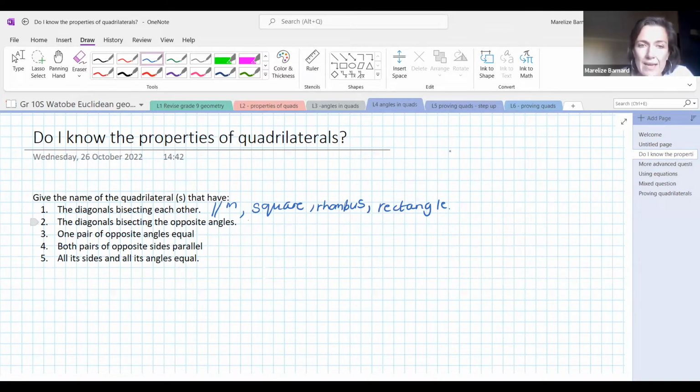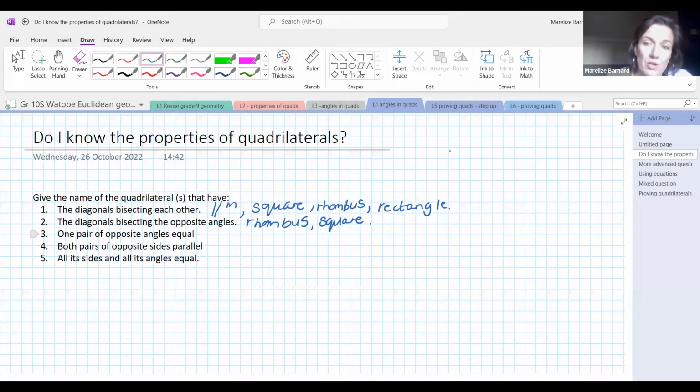So everyone's saying rhombus. It's not parallelogram. There's one other one. It's also not rectangle, but it is square. There we go.